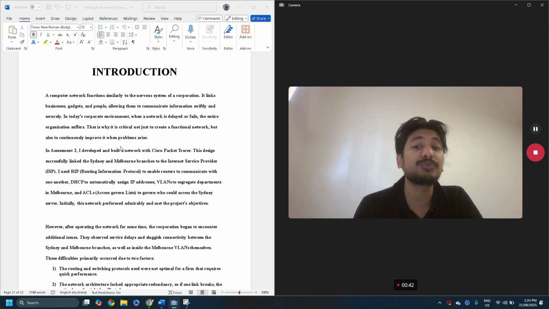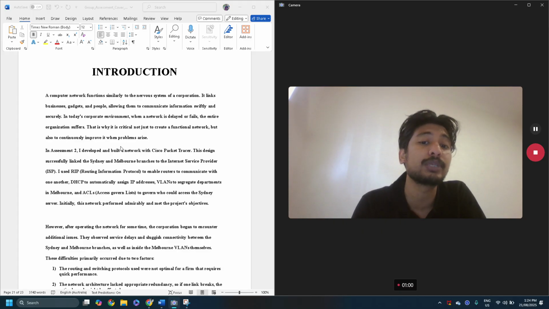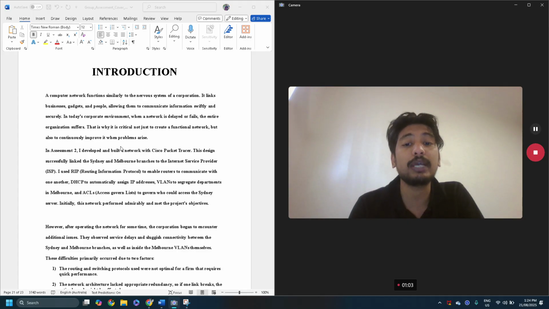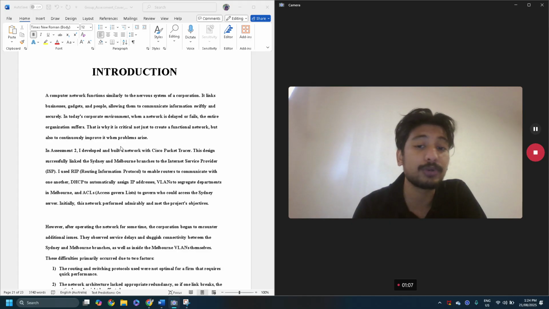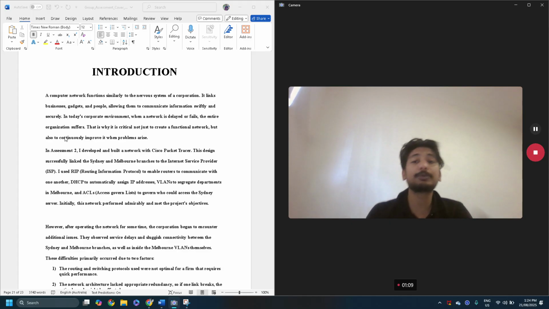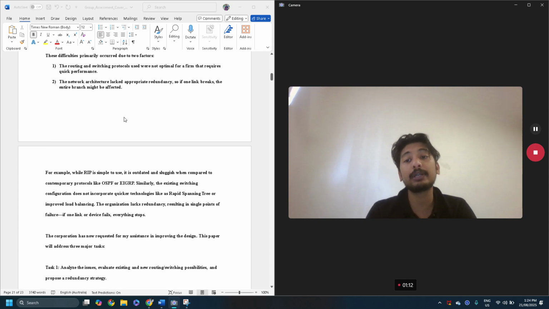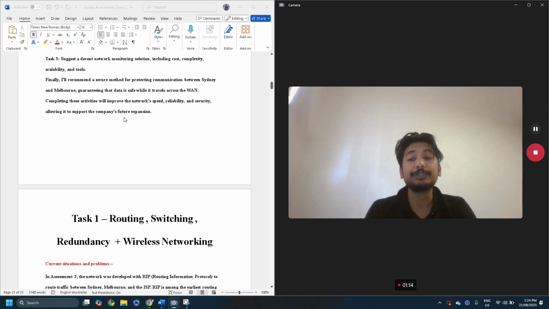But in assessment 3, the group's assessment, it was mentioned to build a better network with the same topology, because the design worked, but the company noticed delays in services and poor communication between the branches and within the Melbourne plants. So they asked me to improve the network and also consider adding secure wireless networking. That's the introduction part.